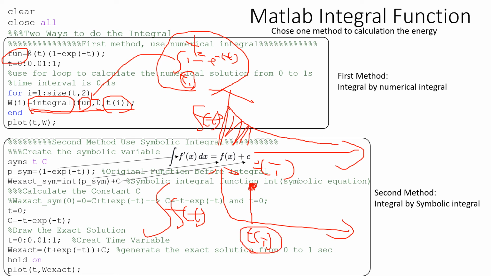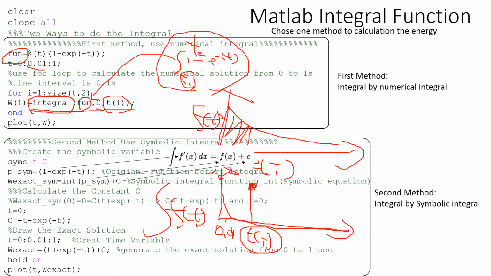So for example, for the first point, i equal to 1, it will be 0, so it will return a value, maybe 1. And i equal to 2, the time actually is 0.01. It will return a second value here, so it might increase a little.